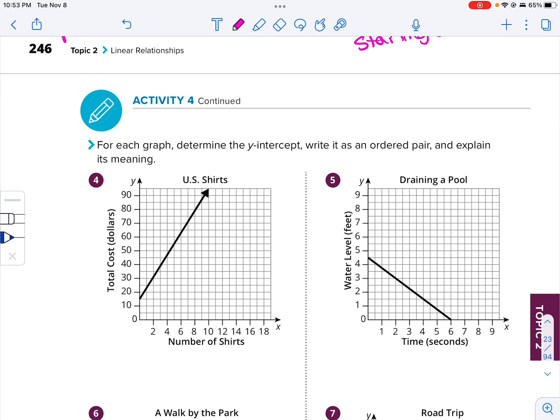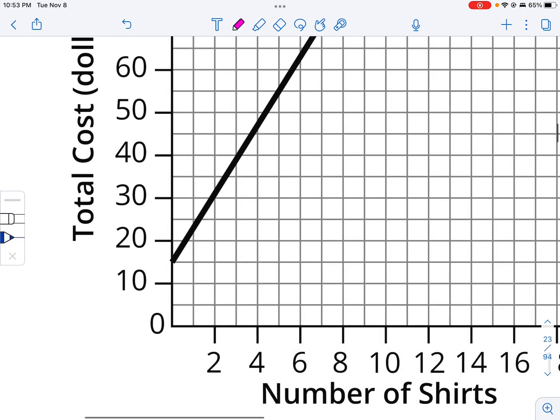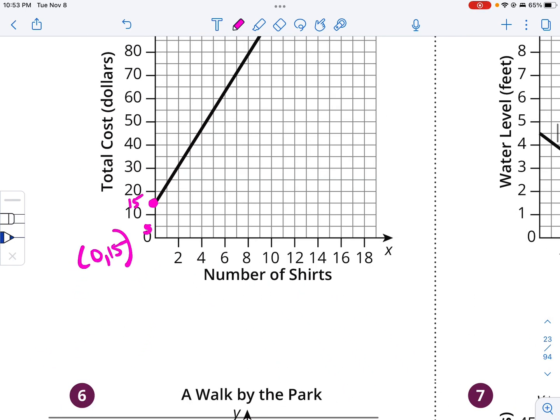Okay, for the graph, determine the y-intercept. So where does it hit the y-axis? It hits right here. Well, this is 5, that's 10, this is 15. So that means (0, 15). It says total cost is the y, number of shirts.